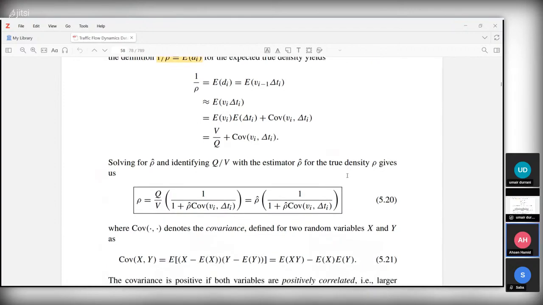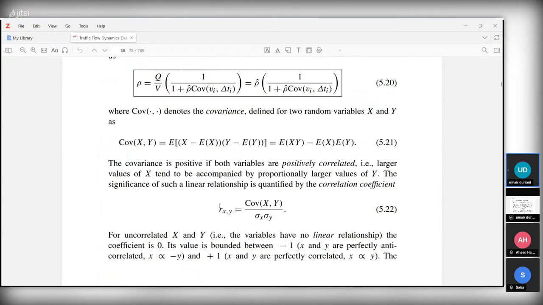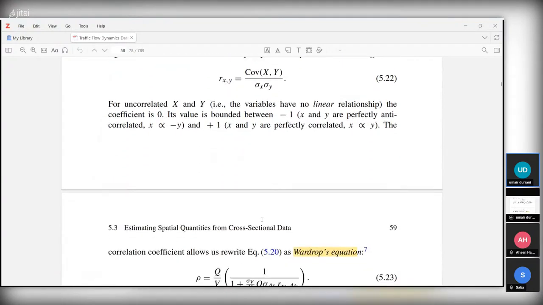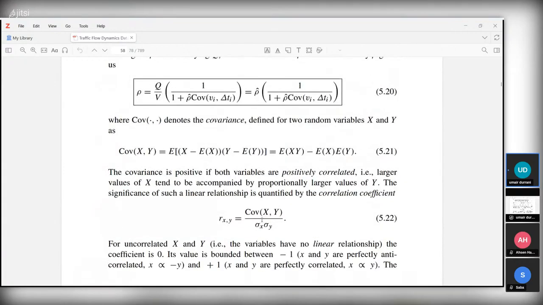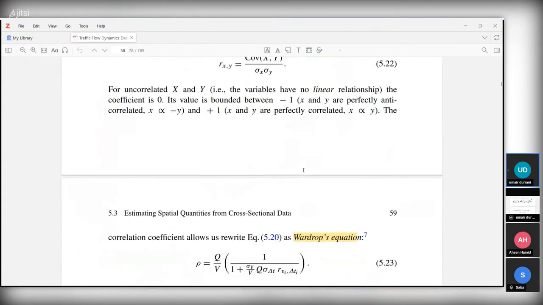Based on this, we have covariance, and then they later talk about the correlation instead of covariance, which is defined here in equation 5.22.